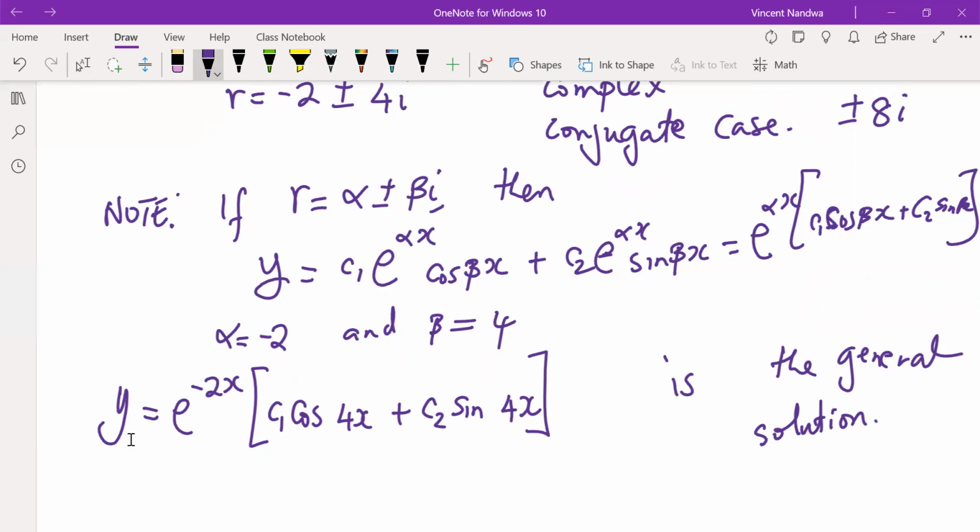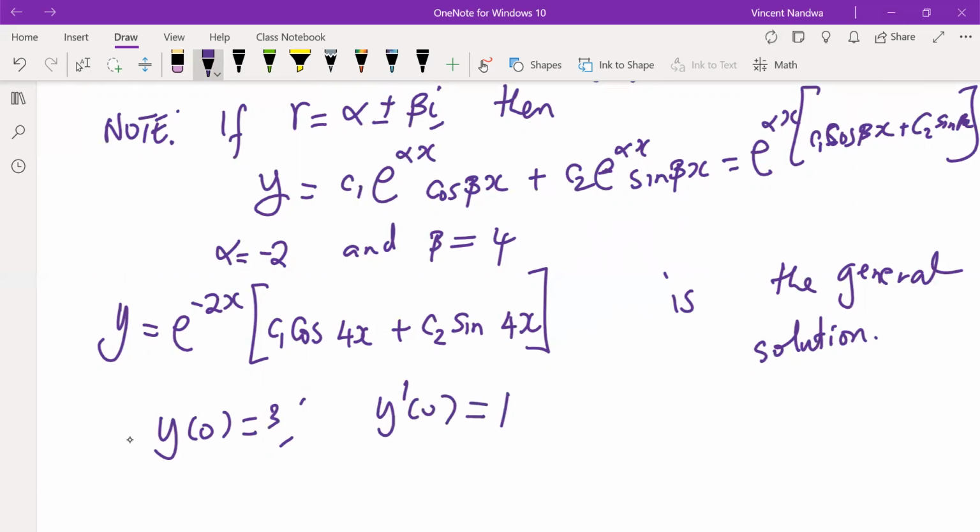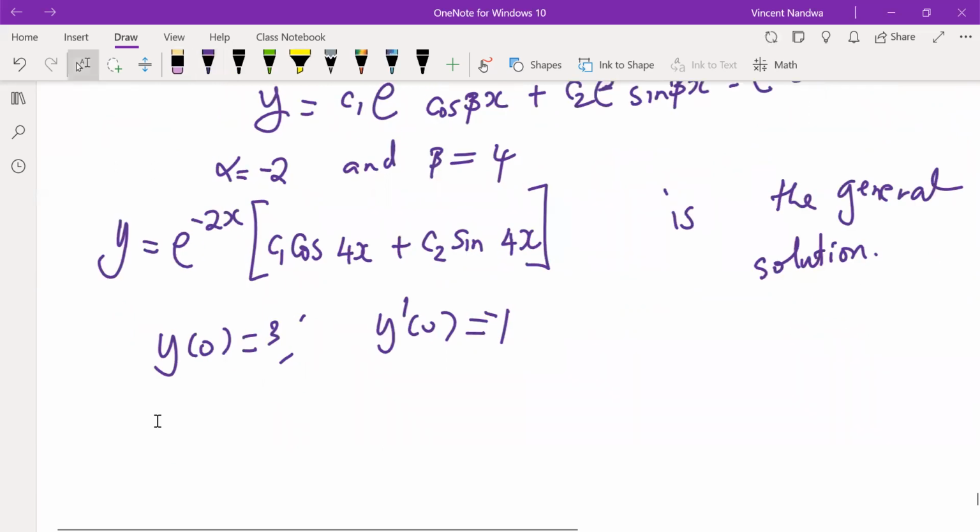But you are given that y at 0 is 3 and y prime at 0 is minus 1. So what we do, we get the derivative of this function. So y prime will be, treat this product with e raised power minus 2x as u and the bracket as v.